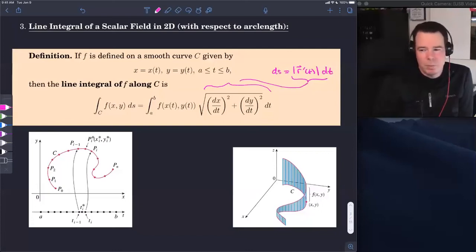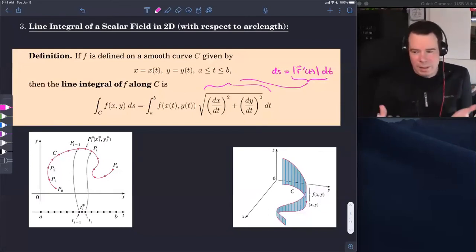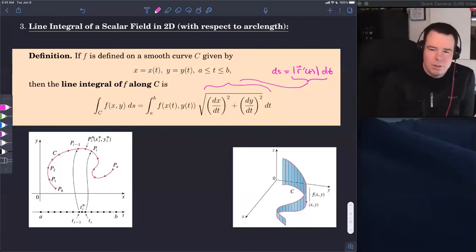Now, what does this represent? It's all well and good to have an integral, but we want to know what this represents. If we look at that picture on the lower right-hand side, there is a curve C in the xy plane. There is this function capital F, though the surface isn't fully drawn. All that's drawn is the corresponding points that live above the curve.